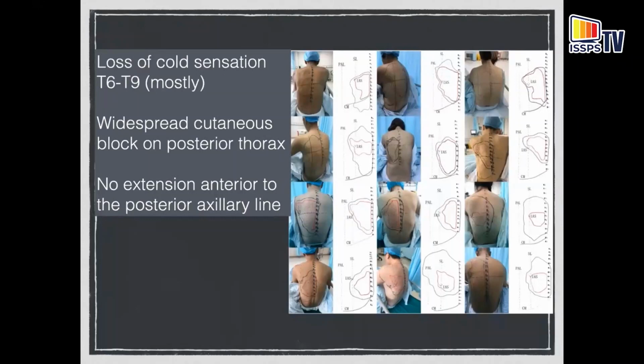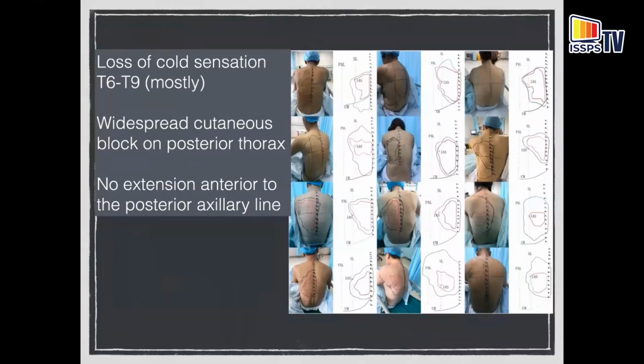There was widespread cutaneous block on the posterior thorax, but there was no extension of the sensory cutaneous block anterior to the posterior axillary line, indicating in this volunteer study that the Erector Spinae block is a block of the dorsal rami and it's not a block of the ventral rami. This is concerning.